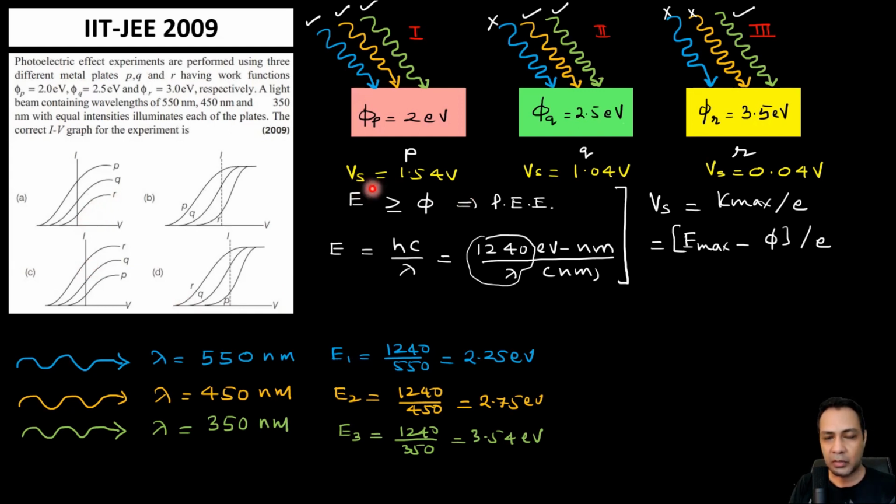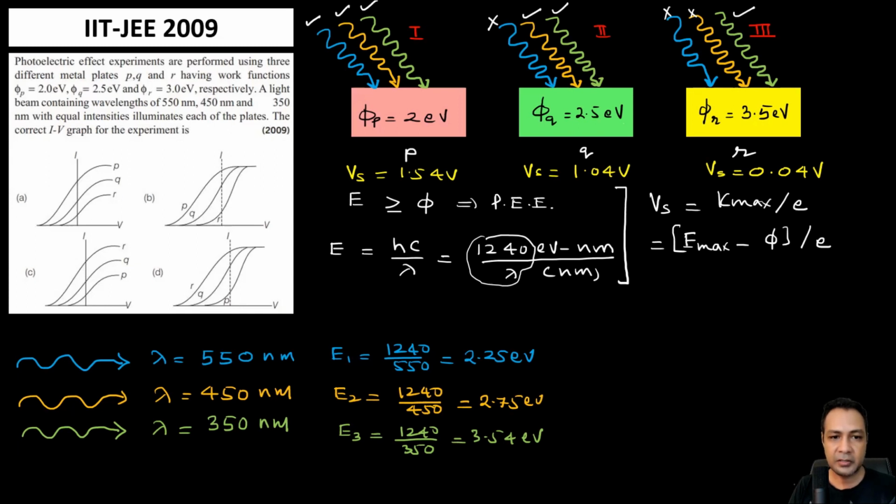According to our data, the plate P has the maximum stopping potential, and the plate P has also got the maximum saturation current, and plate R has got the least stopping potential, and so the least maximum current.